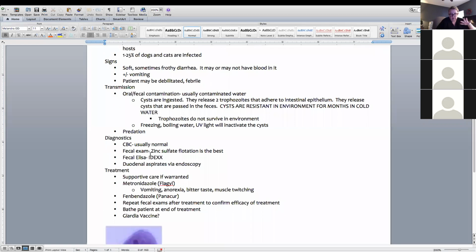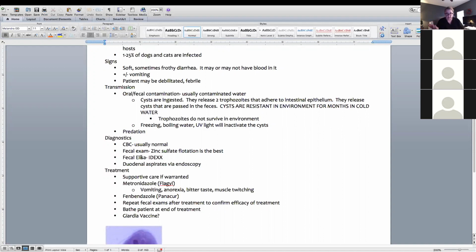What I also want to highlight here is the clinical signs. The CBC a lot of times is normal, but with the fecal exam, you can either see the cyst on a standard fecal float, or there is an ELISA test that is run on feces that you can send to the lab that's a little more sensitive. And what I will tell you is a lot of doctors, even if you do a negative fecal and the doctor is highly suspicious of Giardia, you can run the ELISA test, but a lot of times they're going to put the dog on metronidazole and run a course.